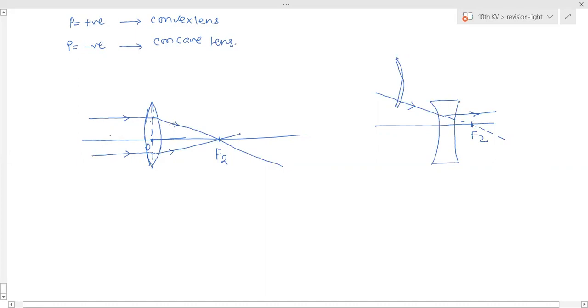Now that means these rays should fall on the F2 of second lens also. So here we have to place that lens at 5 centimeter from the optical center. This F2 should be at 5 centimeter. So that means this point, the F2 of this lens also should match. Then only the rays are falling like this.